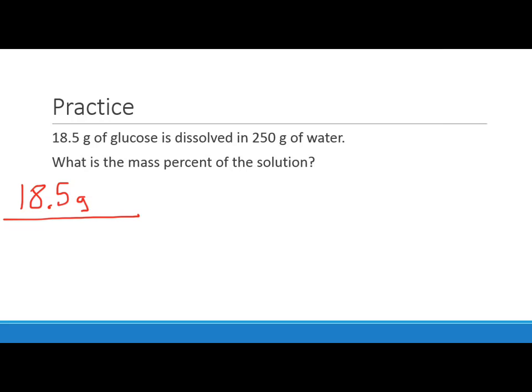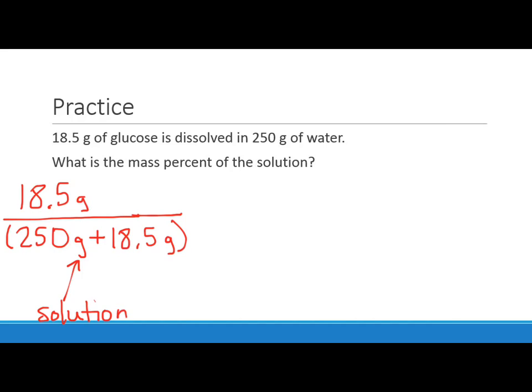Well, it's not 250, because that's just the mass of the solvent, the water. So it's 250 grams of water plus the mass of the solute itself, the 18.5 grams of glucose. Remember that here on the bottom, this is the mass of the solution, not just the solvent.